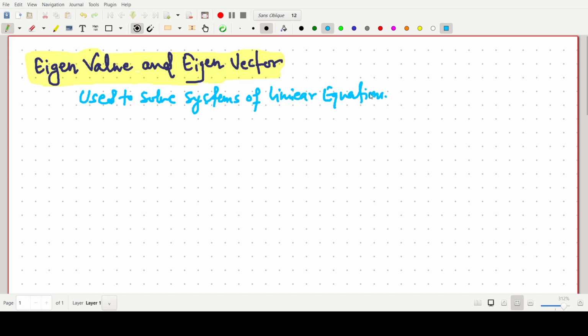I am not going into the theory or the more basic details, but when it comes up, x equals lambda x comes to mind, and I will tell you why this x equals lambda x and where it is coming from.